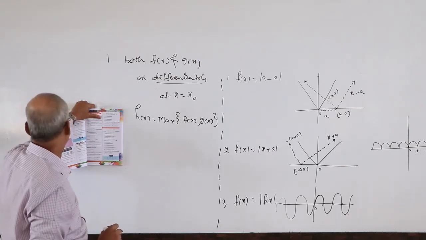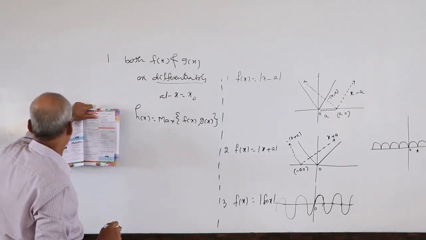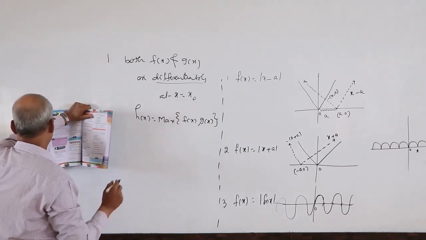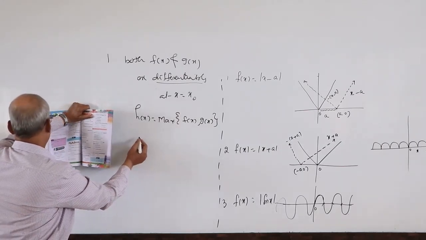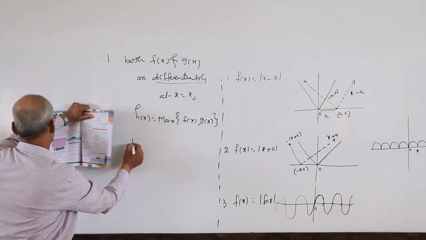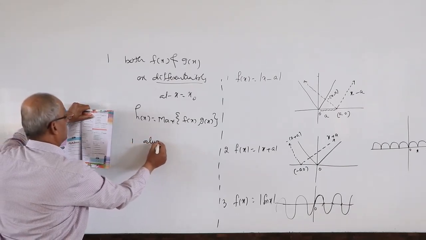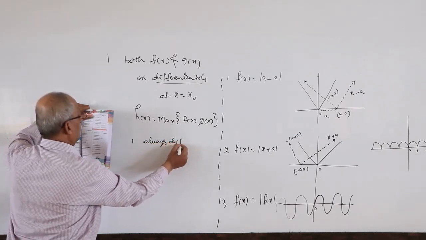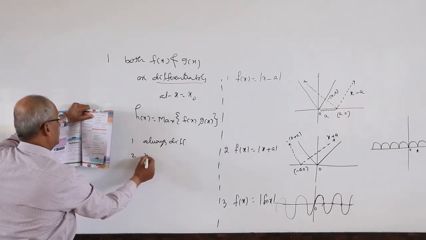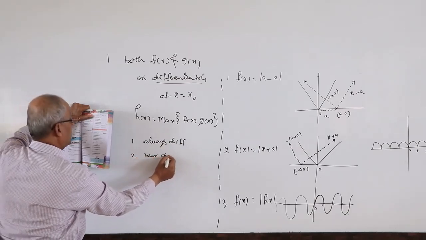Now he is asking the maximum. What are the options here? H of x is, first option, always differentiable at x naught only. Opposite, never differentiable.